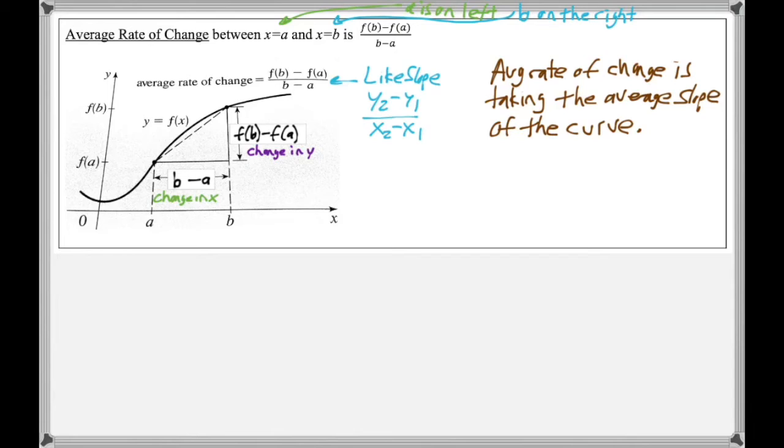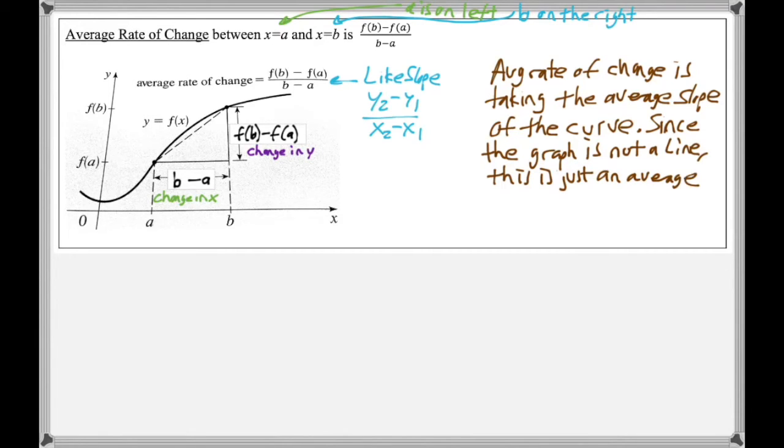And since the graph is not a line, this is just an average. And we'll talk more about that after the first question.